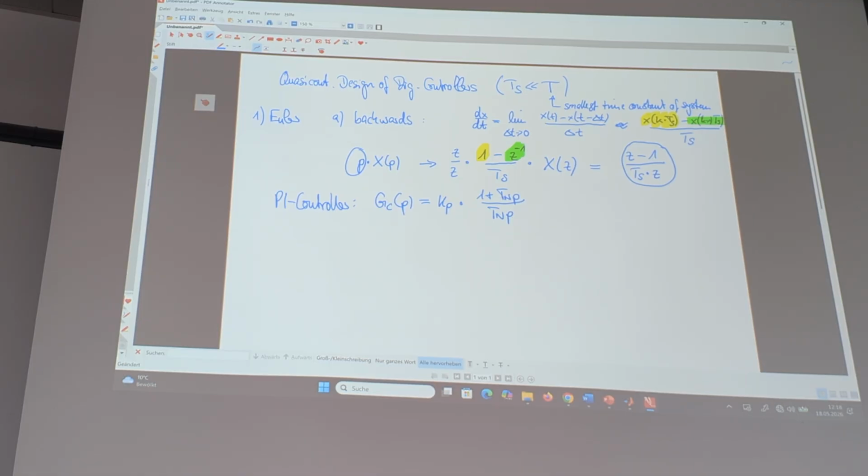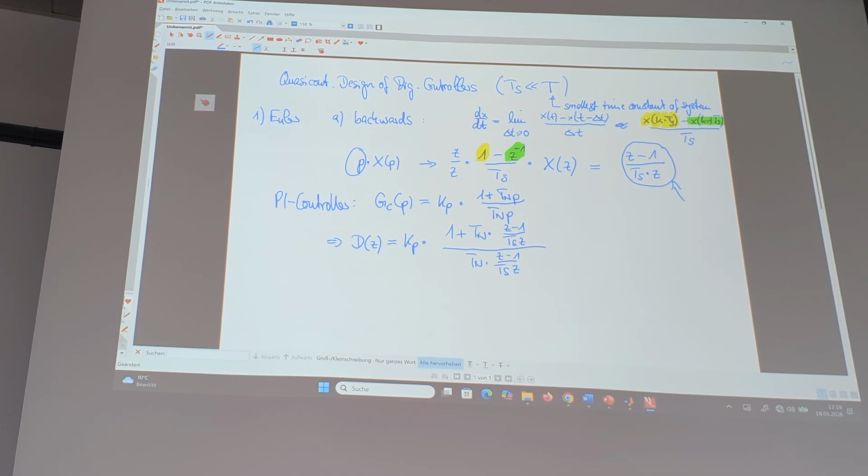Then this Euler backwards definition would allow us to get to a D of z, which is equal to Kp times 1 plus Tn, and now we substitute the p with this expression: Tn times z minus 1 over Ts z. So that's the substitution here.